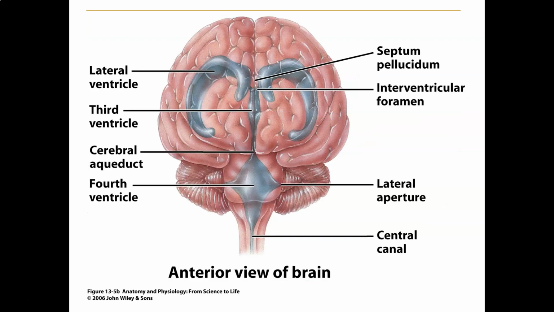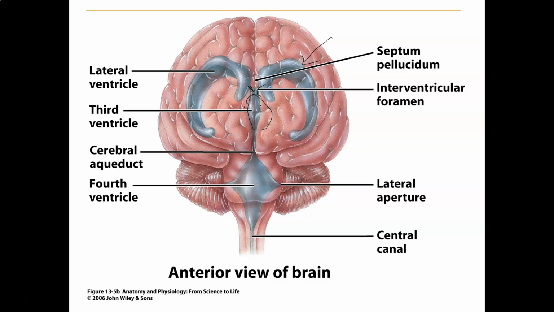I think you can see those best in this view, this anterior view, where there are two lateral ventricles. These are C-shaped cavities, again filled with cerebrospinal fluid, one in each half of the cerebrum, or the one in each cerebral hemisphere. And then that space is continuous through a little opening here into the third ventricle, which is in this area.